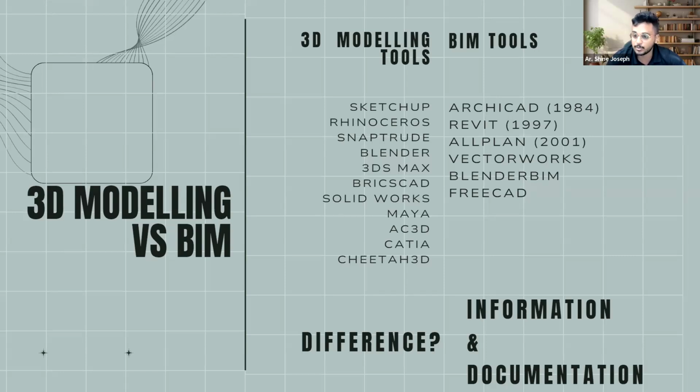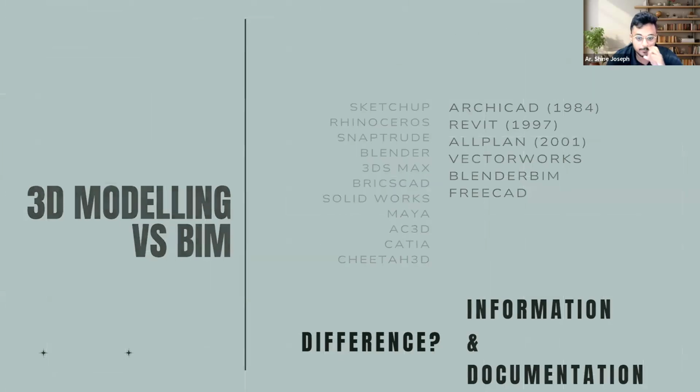But when it comes to a BIM tool, such as Archicad, Revit, Allplan, Vectorworks, all these are mainly focusing on the BIM aspect of it, where it is dedicated to the design, modeling and documentation of the architectural, engineering, and construction industry. So the difference here is all about having the information and also being able to document it in the right way.